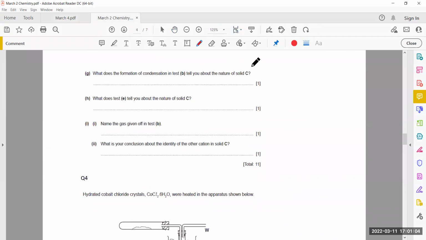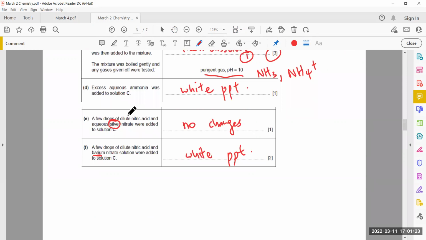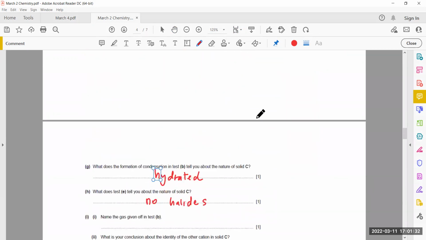What does the formation of condensation in test tube B tell you about the nature of solid C? Okay, it's hydrated. What does test E tell you about the nature of solid C? Test E, no halides. Okay.